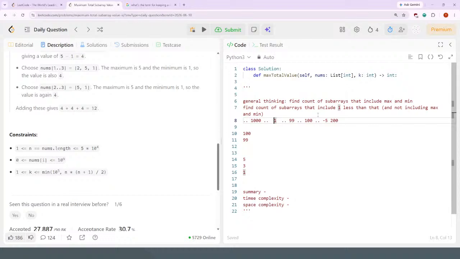That work? 100 to 1. Is that constant work in terms of figuring out how many subarrays work in that fashion?